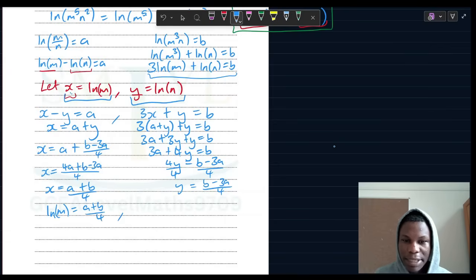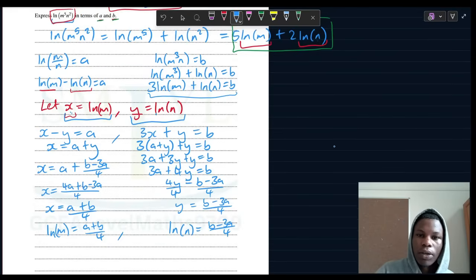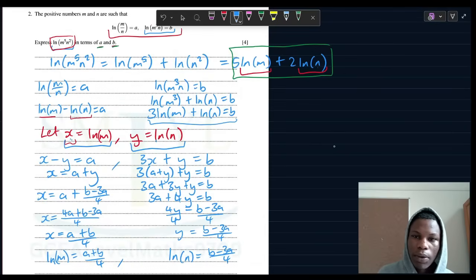And if y is (b minus 3a) over 4, that means the natural logarithm of n is equal to (b minus 3a) over 4. And we can go back to our expression here, because this is what we're trying to solve for in terms of a and b. And we'll substitute our natural logarithm of m there and our natural logarithm of n there.